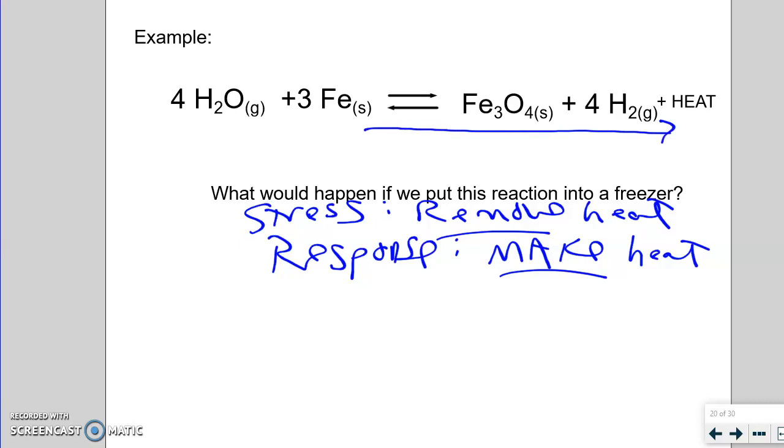It would use up the water, it would use up the iron, and it would make the heat. If you happen to be running this reaction to try to produce hydrogen, then you would want to run it in a freezer.